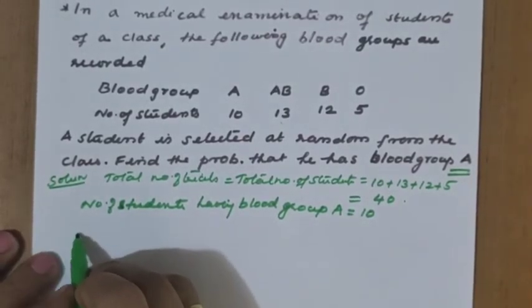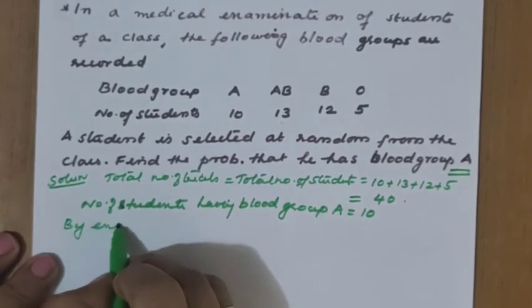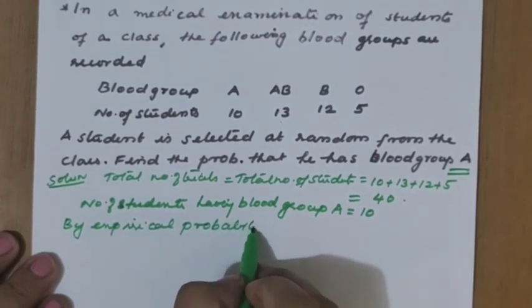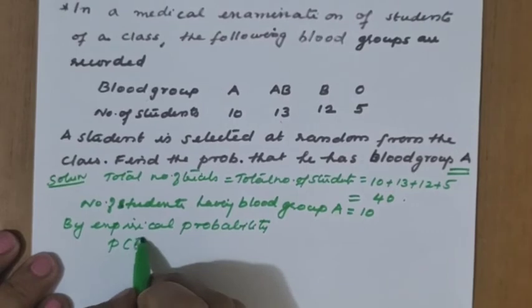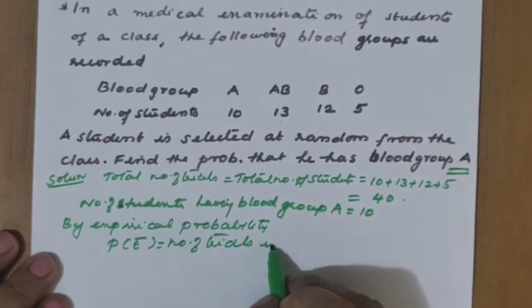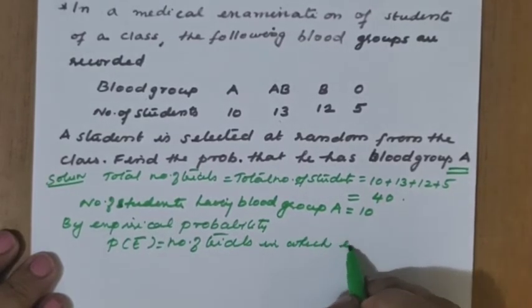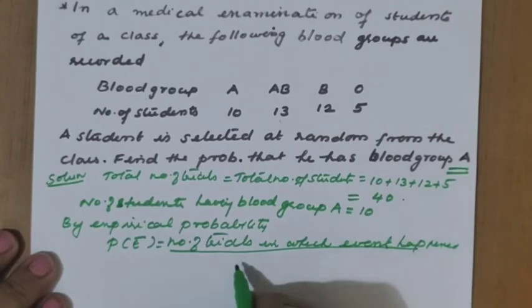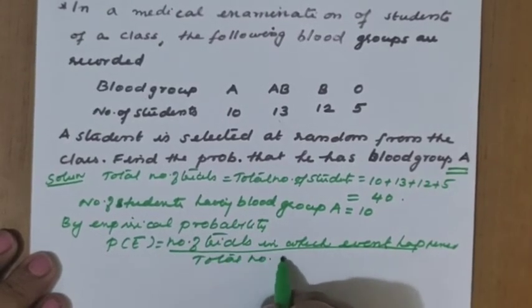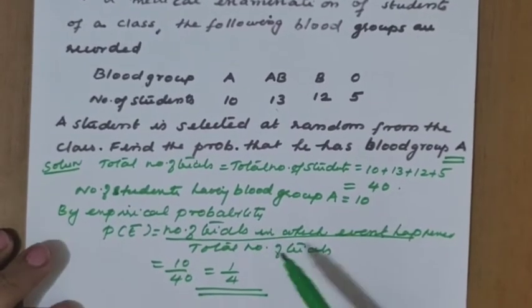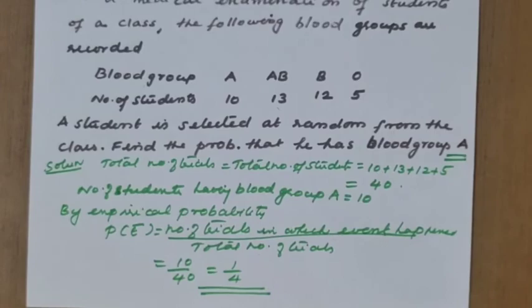Now we write it by empirical probability. P of E equal to, formula first, number of trials in which the event happened divided by total number of trials. So 10 by 40 equal to 1 by 4.